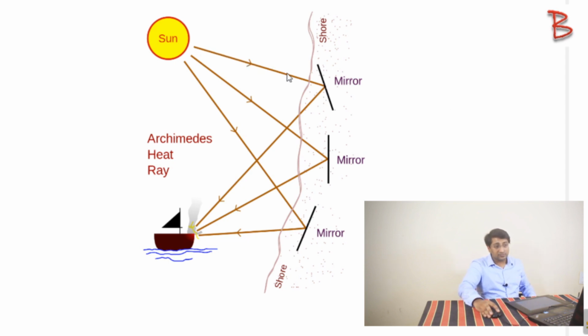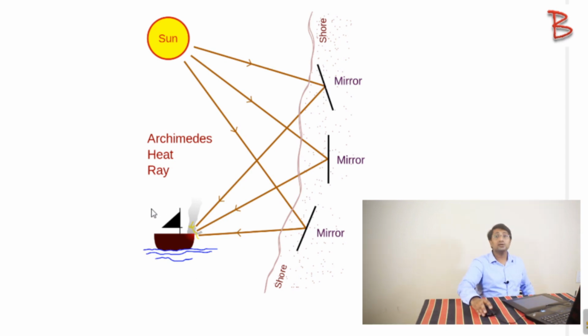You have the rays from the sun hitting the mirror, and the mirror is placed at a particular orientation so that all the rays from all the mirrors are actually hitting the boat over here. It could be a ship, it could be a boat. This particular concept was thought to be performed by Archimedes in order to evade Roman ships. So these are the Roman ships supposedly, and these are the mirrors by the Greeks.